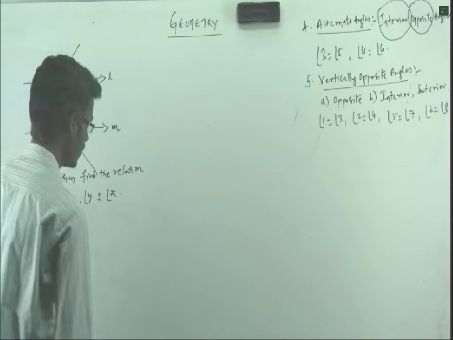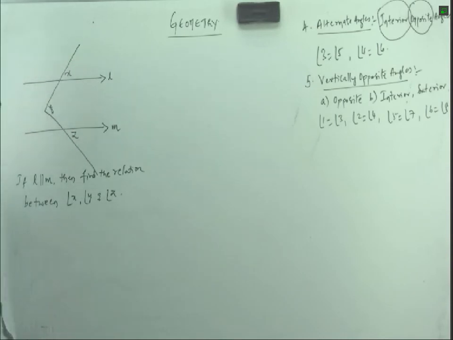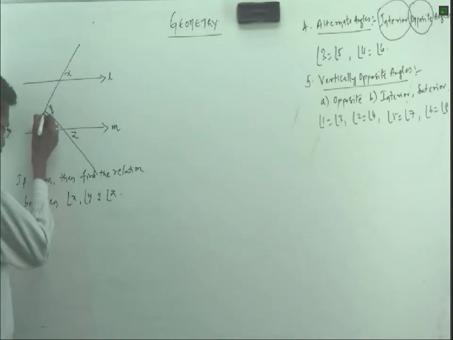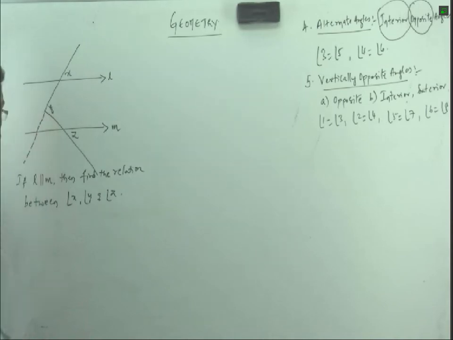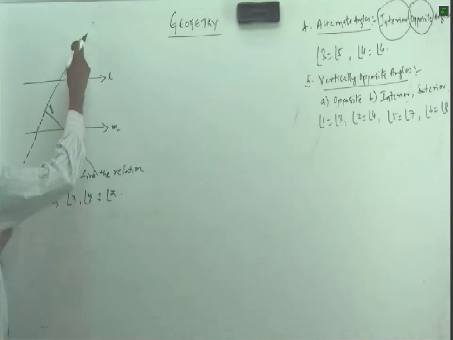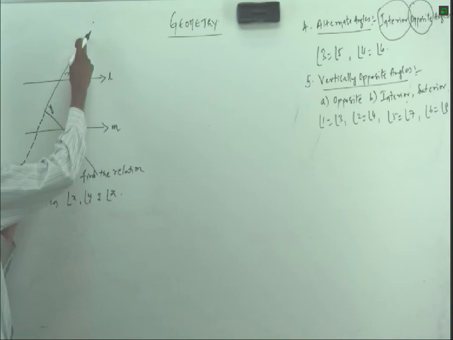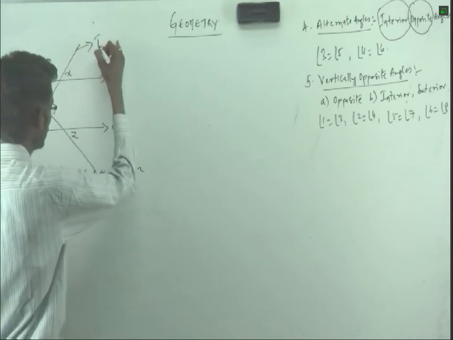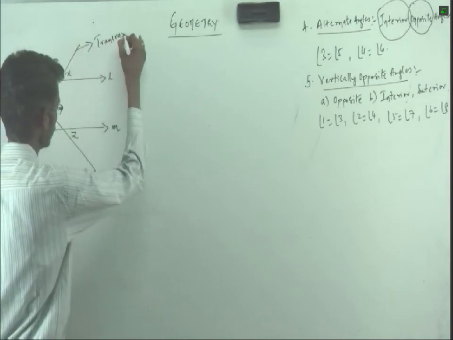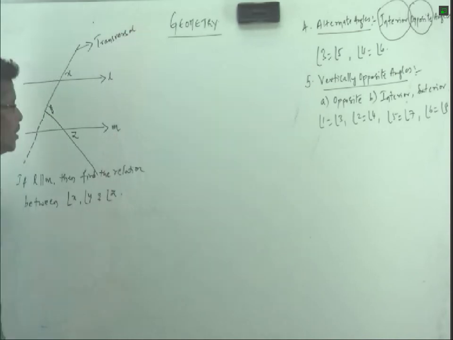So now what we will try to do is extend this line so that it will come and intersect the second parallel line also. Now it is intersecting both the parallel lines. So now I have the liberty to call it a transversal. Now as the transversal is there, let us see what we can say about the angles.